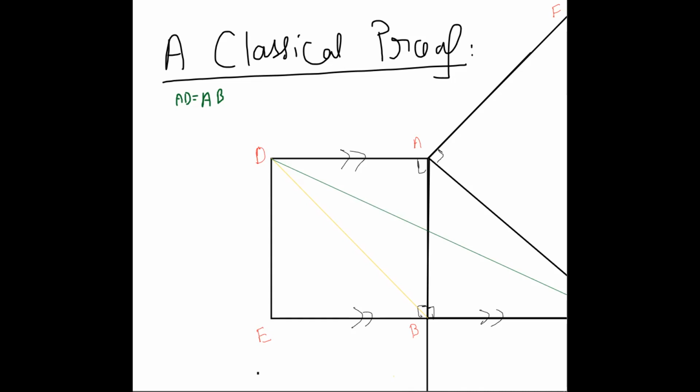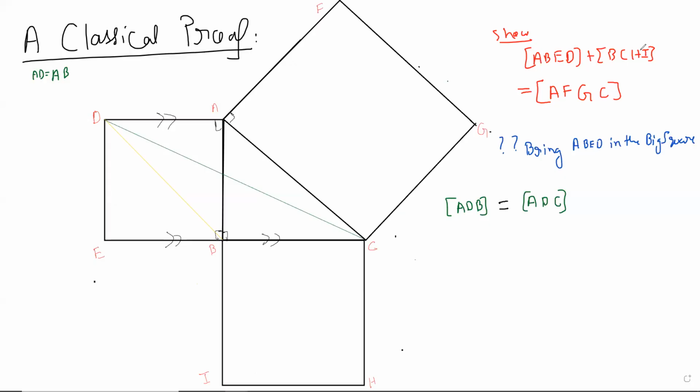So our ultimate goal is to relate the square ABED with something in the big square. ABED we have easily related with ADB. But we have said that ADB is equal to ADC.